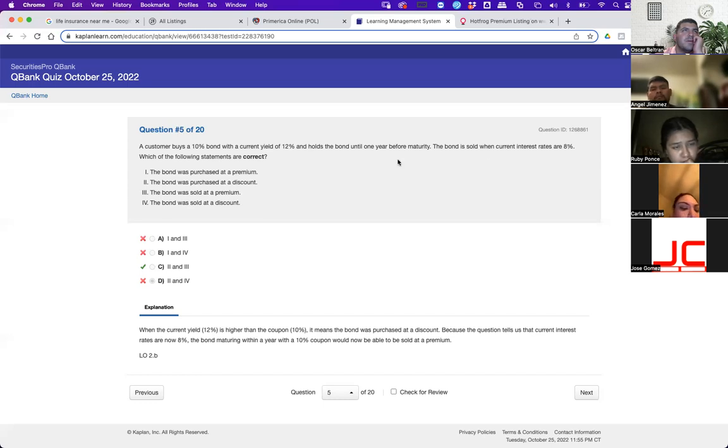So now the bond was sold at a premium. When the current yield of 12% is higher than the coupon, it's at a discount. Because the current interest rates are now 8%, a bond maturing within a year with a 10% coupon would now be sold at a premium.